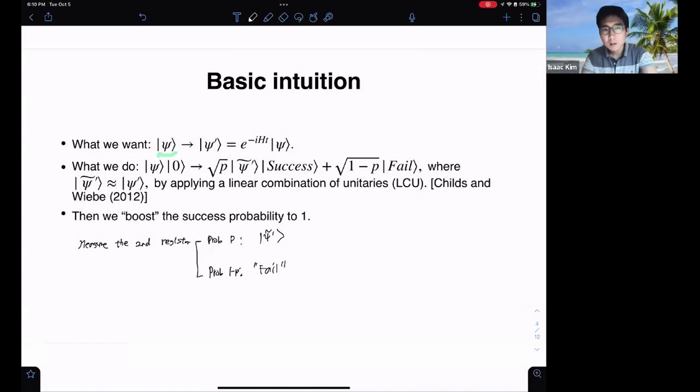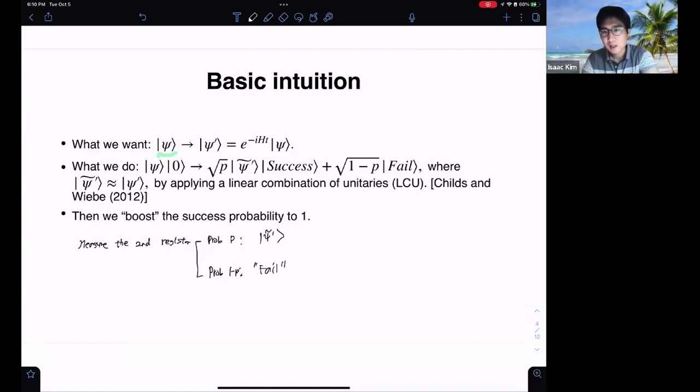Okay, so suppose somehow you can implement this kind of operation. Then the basic idea is that you find a way to boost the success probability to 1. So you change P into 1 by applying a sequence of gates.